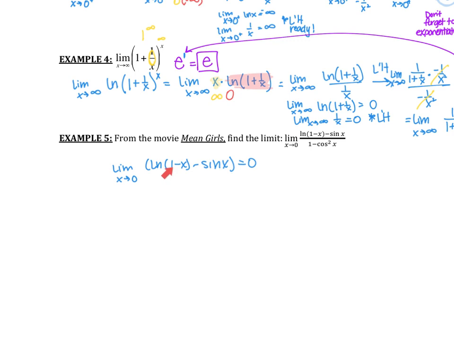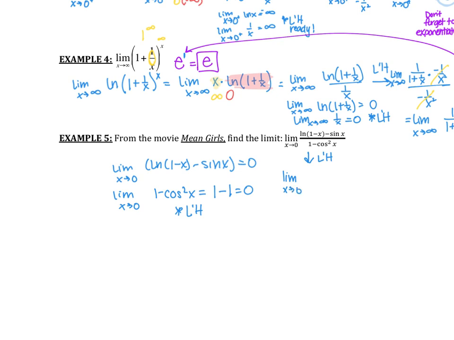That's because the natural log of 1 is 0, and sine of 0 is also 0, so we have 0 minus 0, which is 0. And if we plug in x approaching 0 of 1 minus cosine squared x, we get 1 minus 1, which is 0. So this is L'Hopital ready now. Let's go ahead and use L'Hopital's.